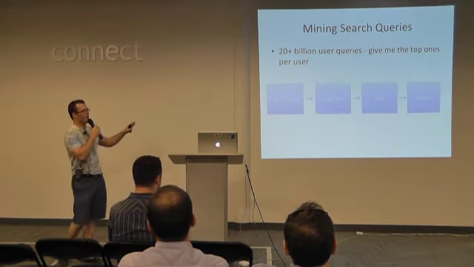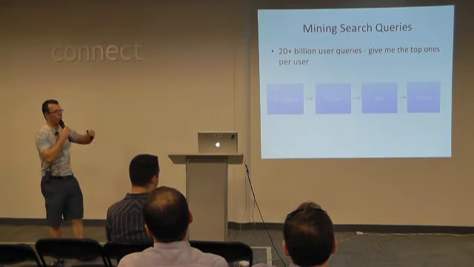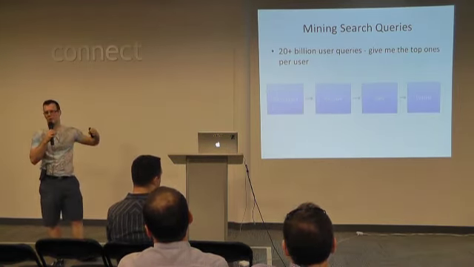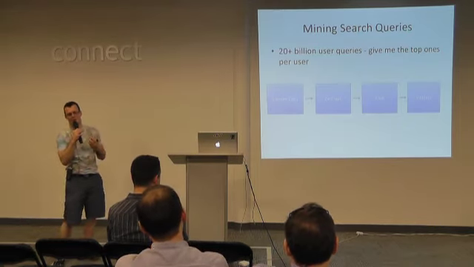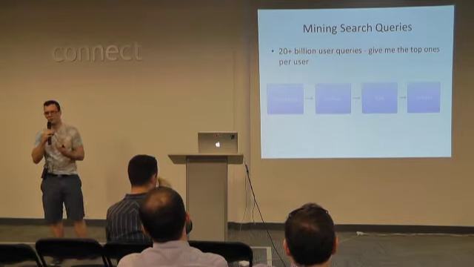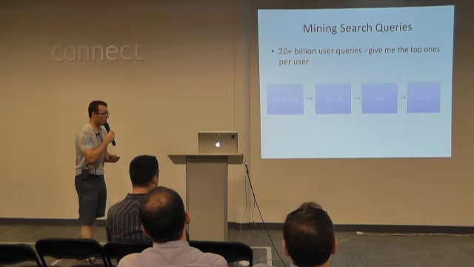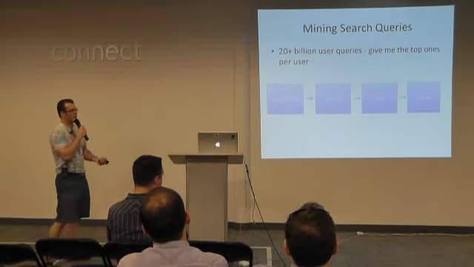You'll see this a lot in MapReduce: you start out with a lot of data, you whittle it down, you do the easy things first, and then you finally get it into a compact enough representation where you can do something really cool to it, which is pretty typical.